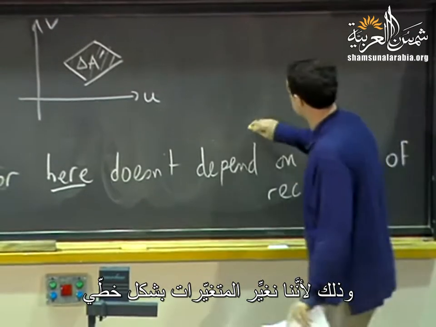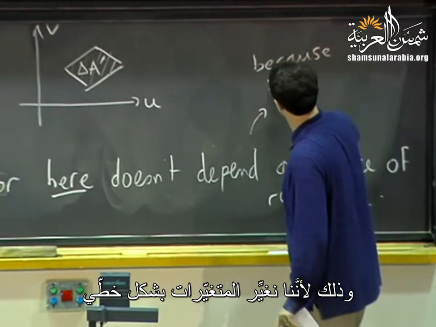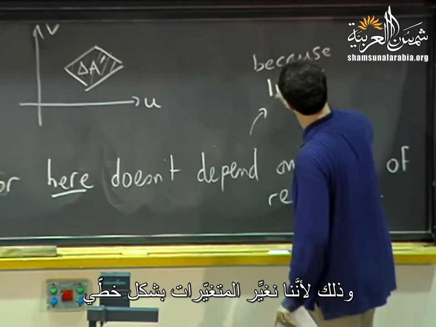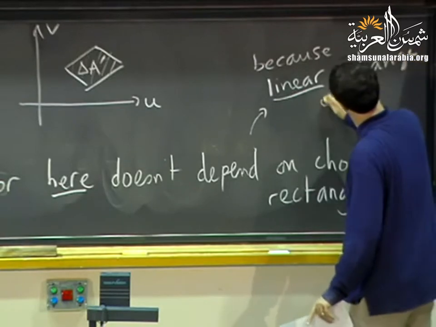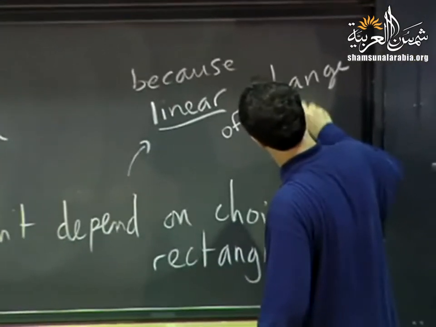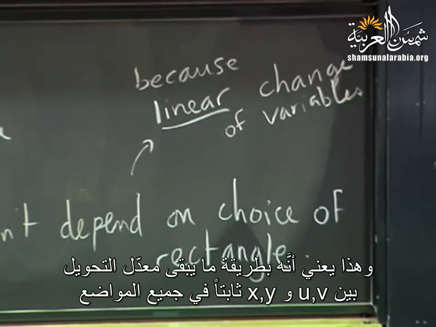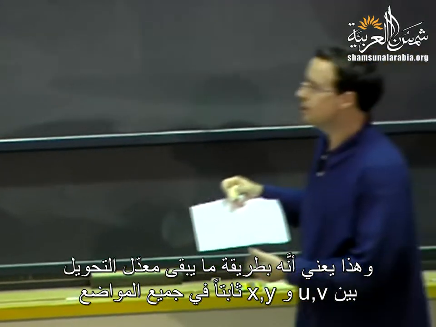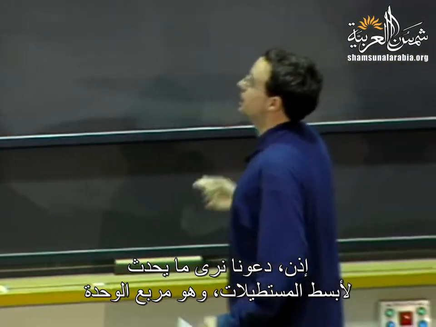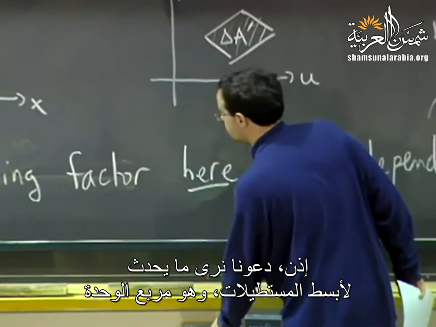And I should say that because we're actually doing a linear change of variables. So somehow the exchange rate between uv and xy is going to be the same everywhere. So let's try to see what happens to the simplest rectangle I can think of, namely just the unit square.